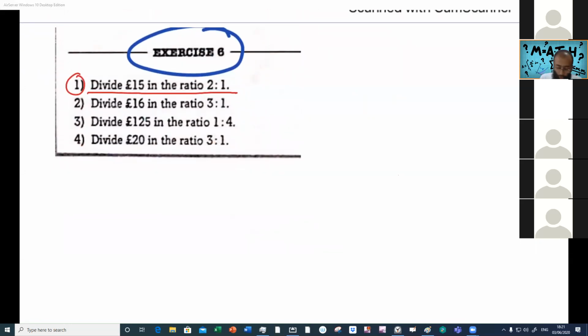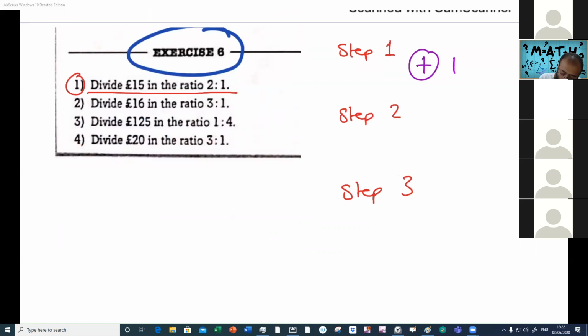What do they want you to do? What are the steps, Eliza? They want you to divide the 2 over 1. How many steps are there in this question? There are 3 steps. What's the first step that we have to do?